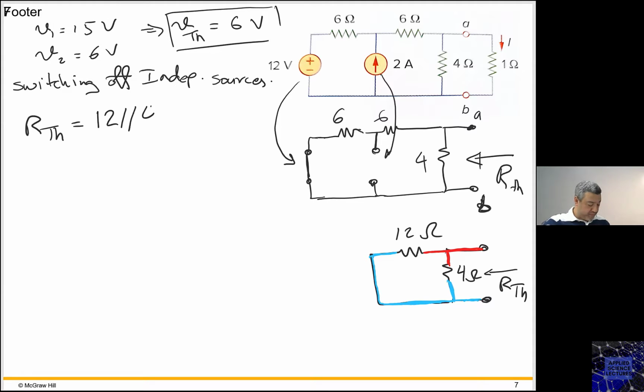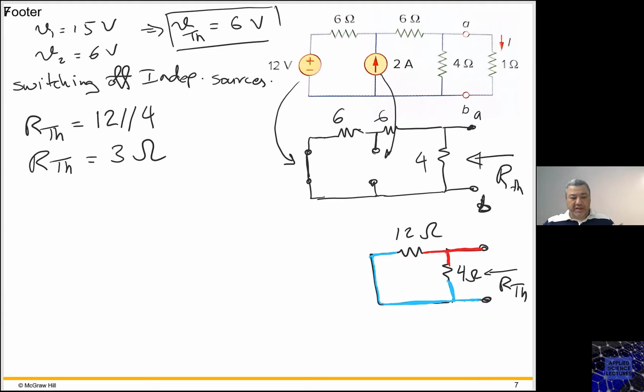So R Thevenin, I will keep writing the T. It's up to you, you can write it small or capital, that's fine. So R Thevenin is 3.